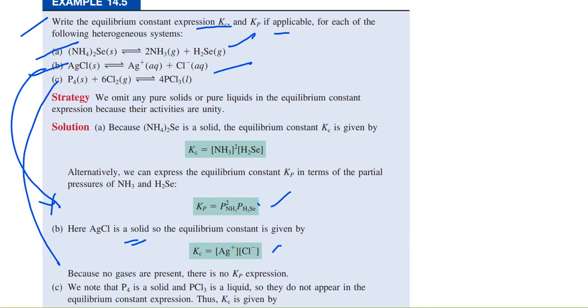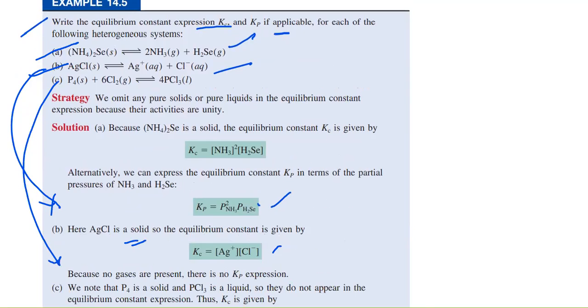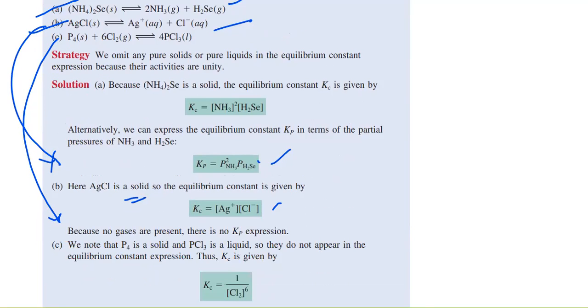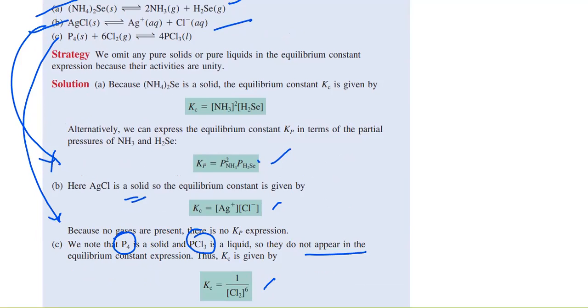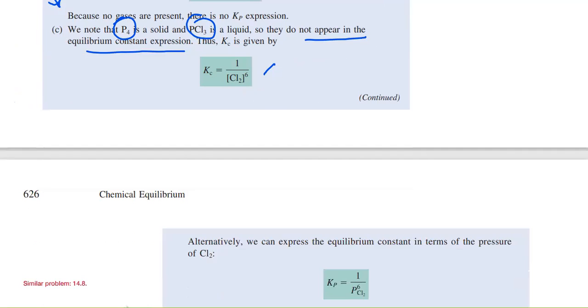Whereas the third one, P4 is a solid that combines with Cl2 to give PCl3, and PCl3 is a liquid, P4 is a solid. Finally, you'll get Kc as 1 by Cl2 power 6, because P4 is a solid and PCl3 is a liquid. They do not appear in the equilibrium constant expression. Thus, Kc is given as 1 by Cl2 concentration power 6.